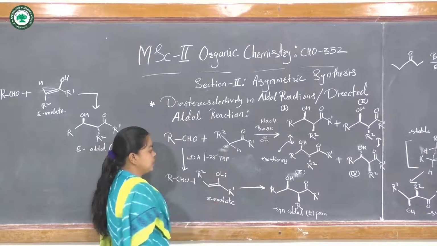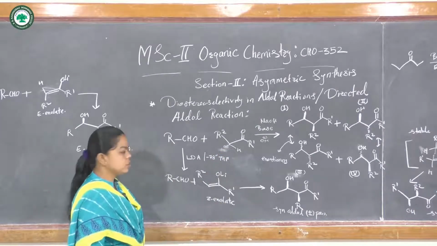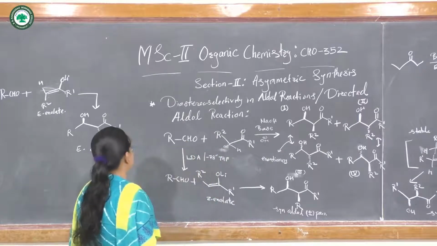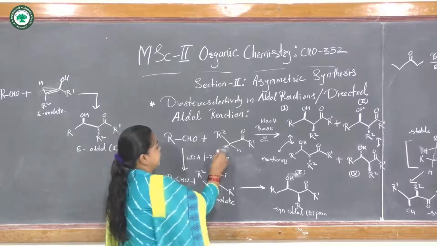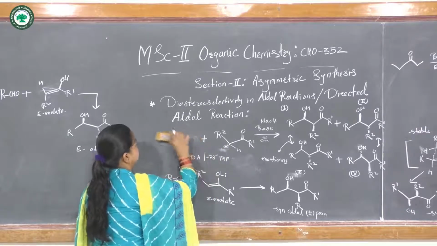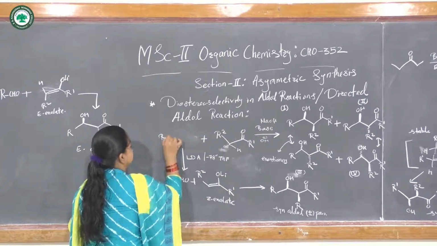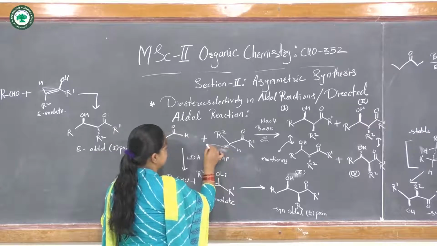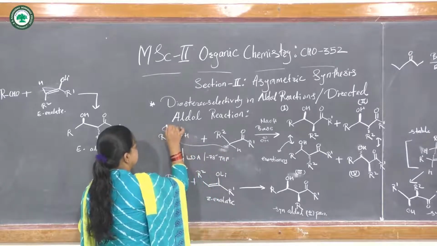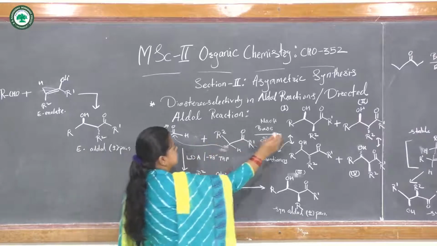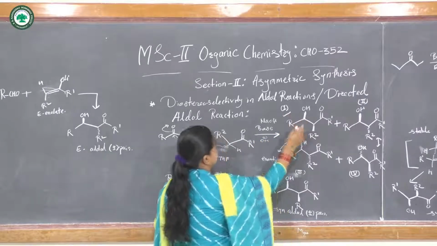Now this is the enolate we are going to study generally, and this enolate attacks the carbonyl group. After attacking the carbonyl group, we can show here. This is the aldehyde, which is highly electrophilic in nature. After the attack, what happens? This compound is generated.